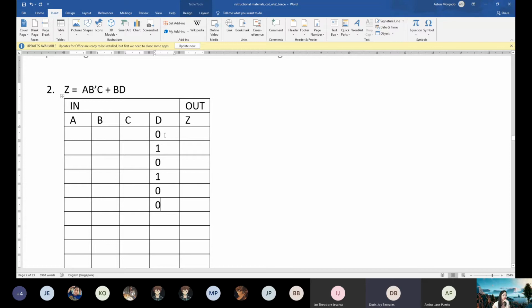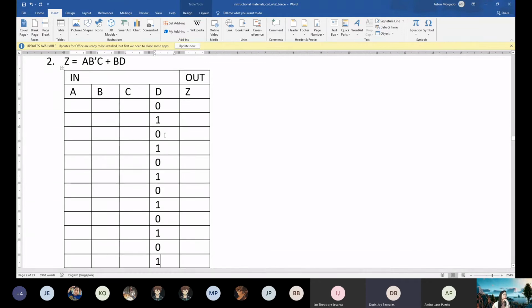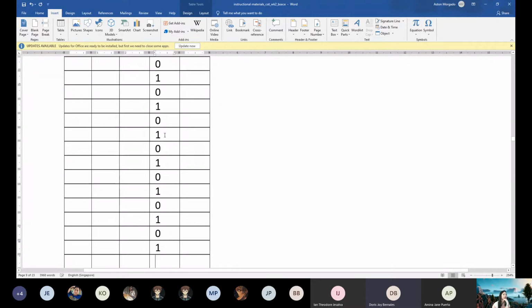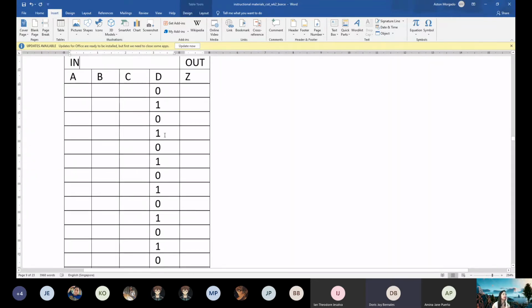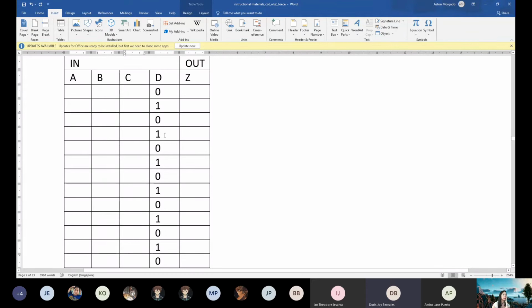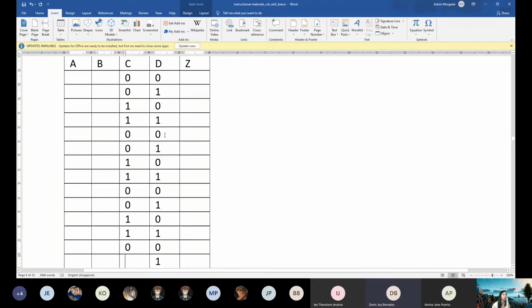Then the second column, repeat 0, 0, 1, 1, twice: 2 to the 1, so twice we repeat the 0, then 1, then 0, and 1 again.